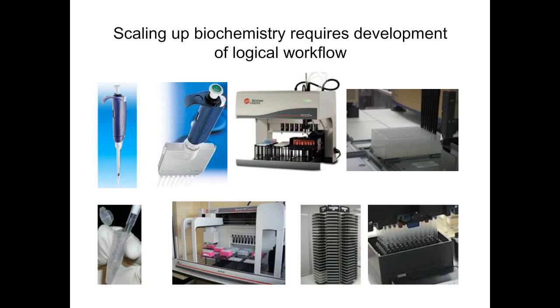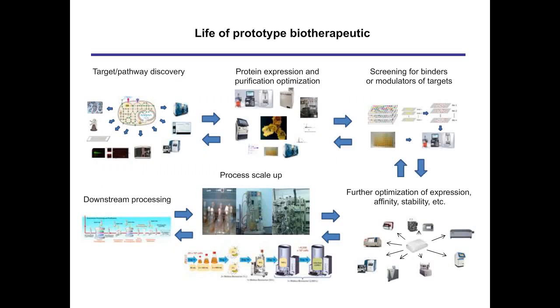On the left, I show individual pipettes and then multi-channel pipettes, and as we get farther to the right, you start to have the need for automation to do multi-channel pipetting and multi-channel liquid handling in order not only to speed up the process, but more importantly to reduce the variability associated with the results. Because as you begin collecting hundreds or thousands of data points, it's quite critical to reduce the variability so that you can compare data across time and across individual experiments.